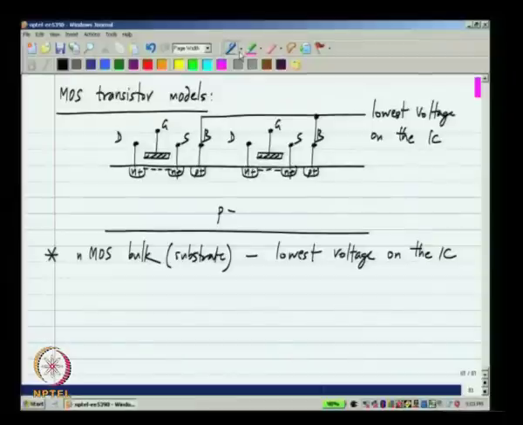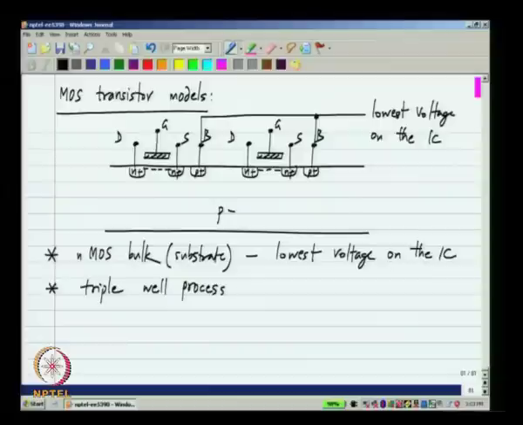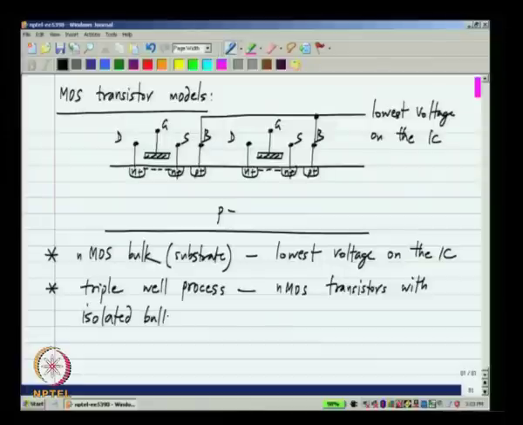Now, there is a variant of the process which is known as a triple well process. In this case, you can have NMOS transistors with isolated bulk nodes. So, if you do have a triple well process, you will have some situation like this.